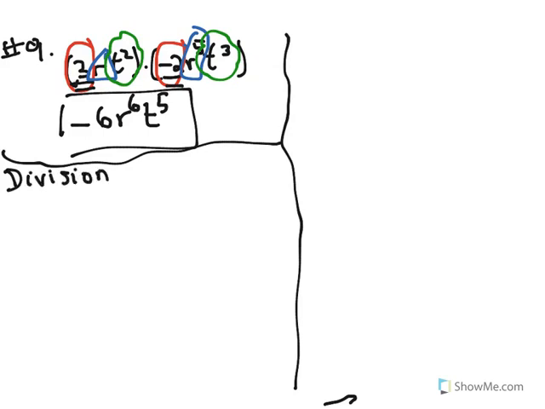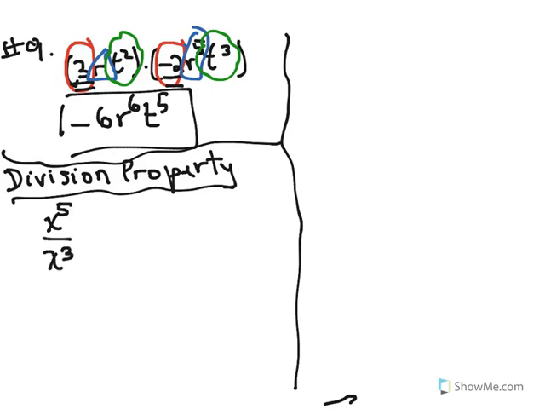Now the division property has to do with how we divide exponential expressions that have the same base. So imagine that you have x to the fifth divided by x to the third. What do you think will happen here? Let's figure this out. X to the fifth is x times x times x times x times x, 5 times. X to the third is x times x times x, 3 times.